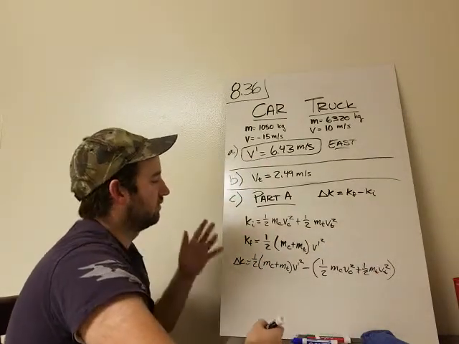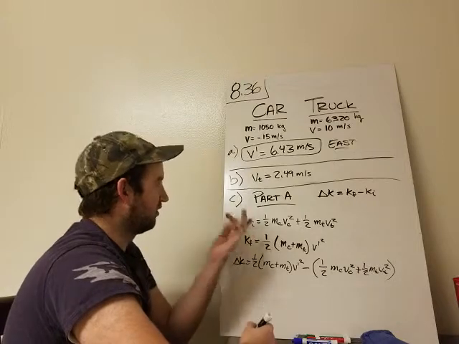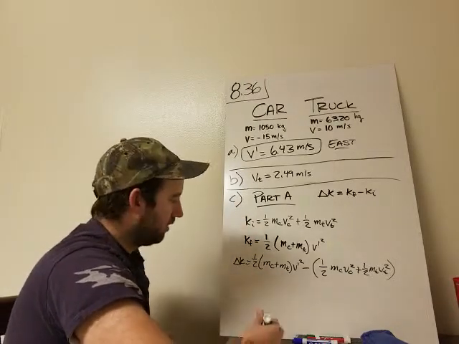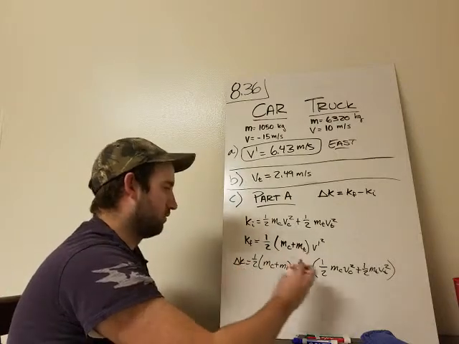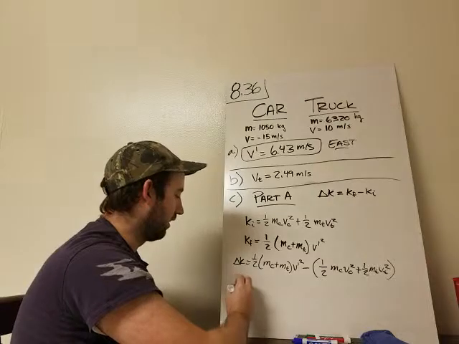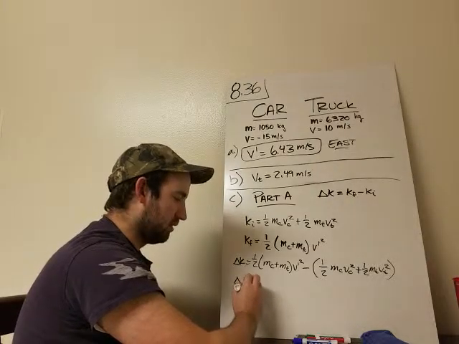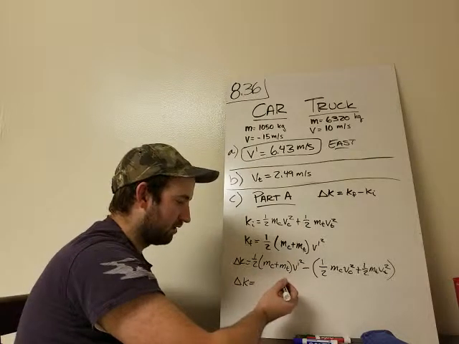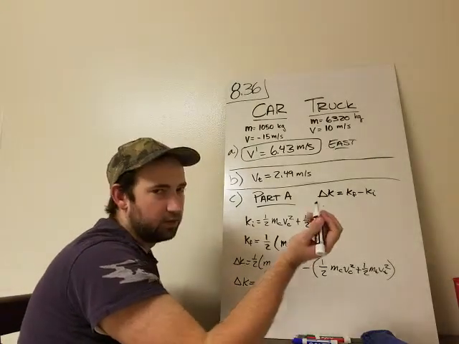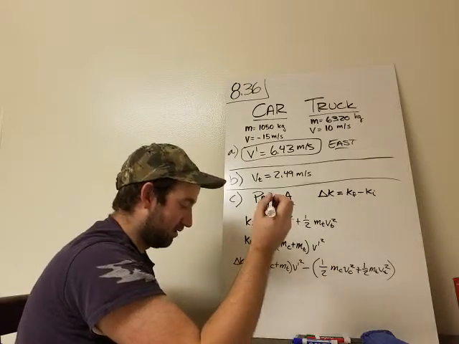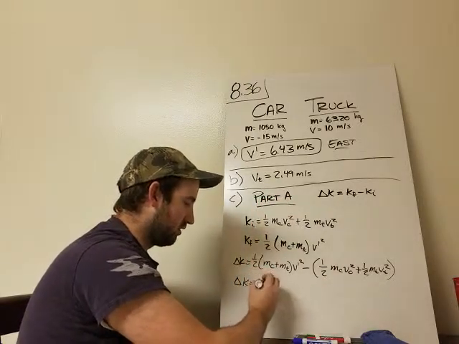So that's a lot, but luckily we only have 5 variables, I think, to deal with. And so we just plug all that in and we end up getting that delta K is equal to, and it just wants the magnitude. So if it's negative, I'll just automatically make it positive, right? Because it's just the magnitude.